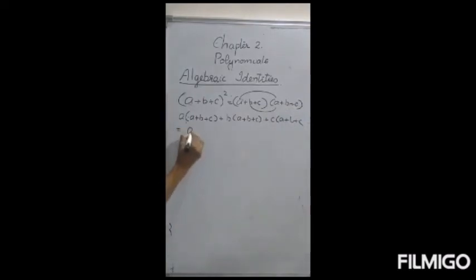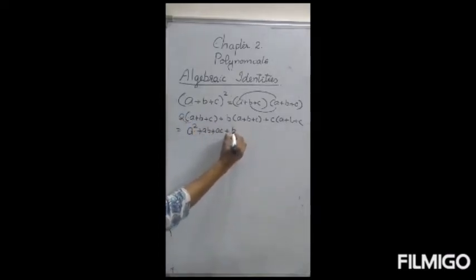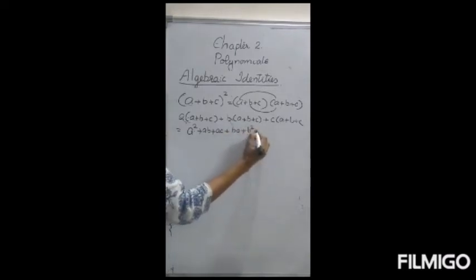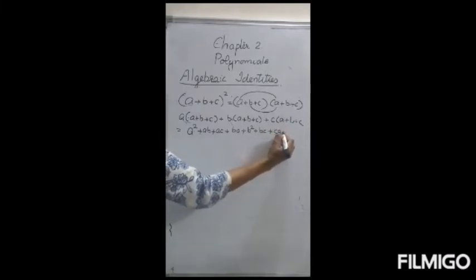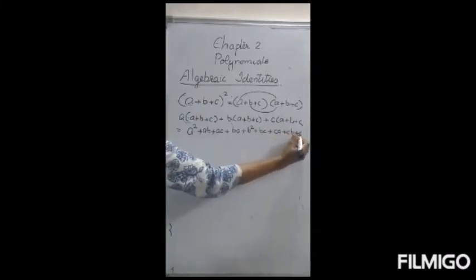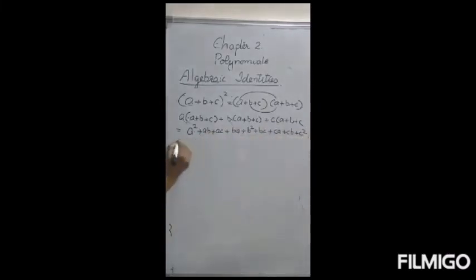That is equal to a into a is a², a into b is ab, a into c is ac, b into a is ba and ab are same, b into b is b², b into c is bc, c into a is ca, cb, plus c². Arranging squares, a² + b² + c².